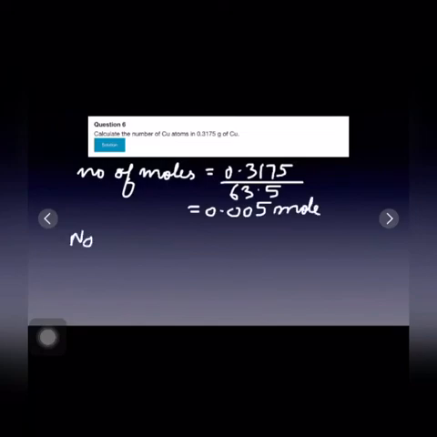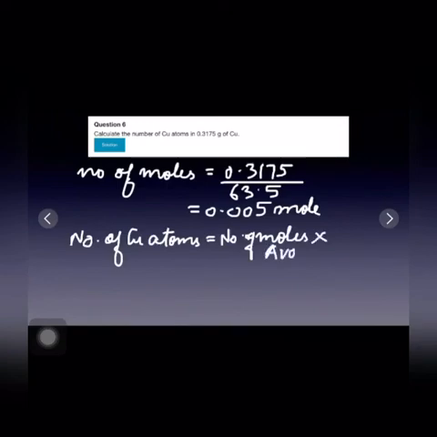Now number of copper atoms is equal to number of moles into Avogadro number. So number of moles we have calculated as 0.005.